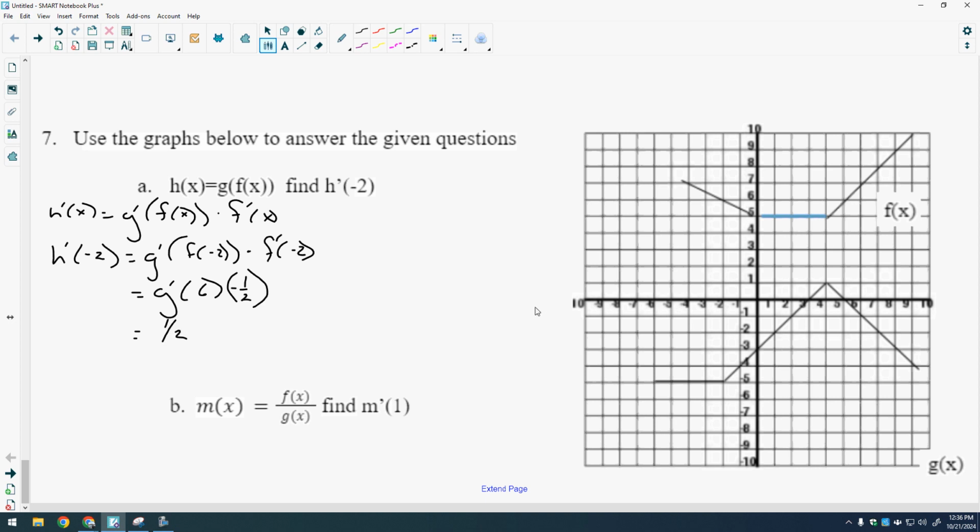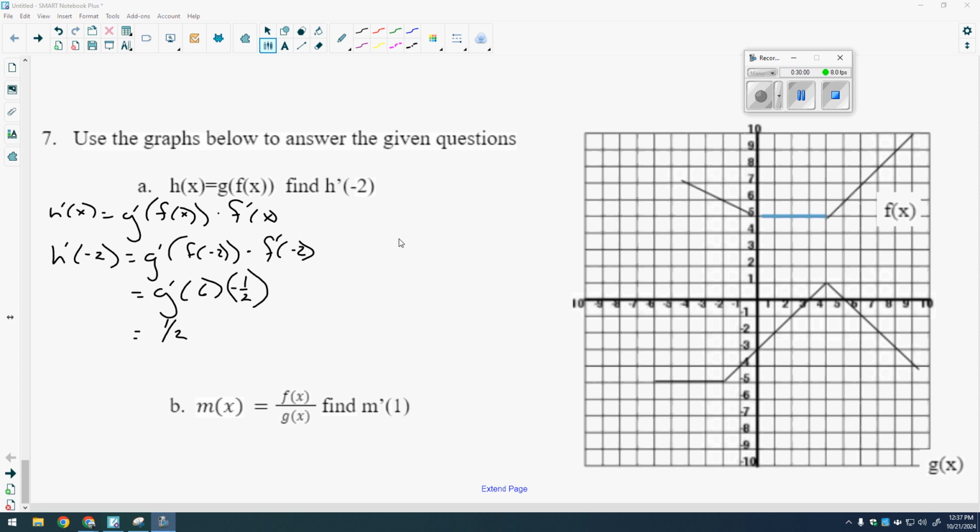Double check g. G of 6, g prime of 6. My slope here is a negative 1, and so I get 1/2. Oh, negatives. No, it's not negative 6. Sorry, I was looking at my answer key, and it says something different, so I need to just hit pause and make sure I know which one's right.